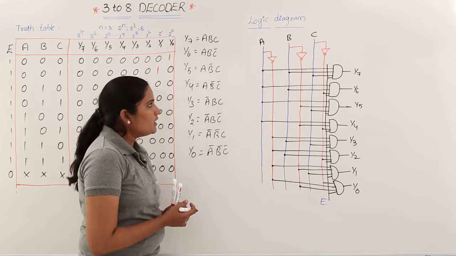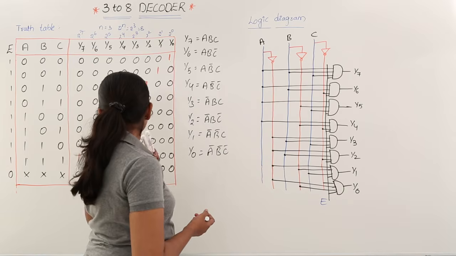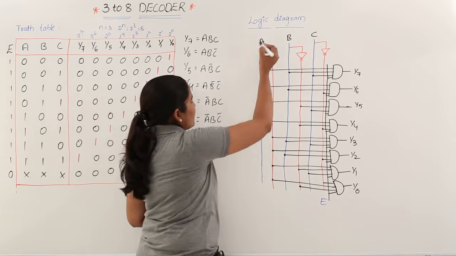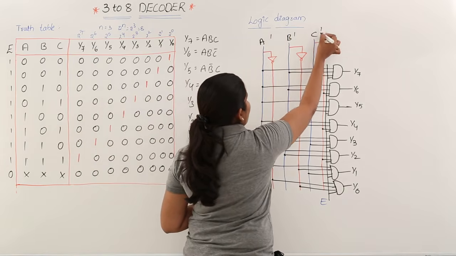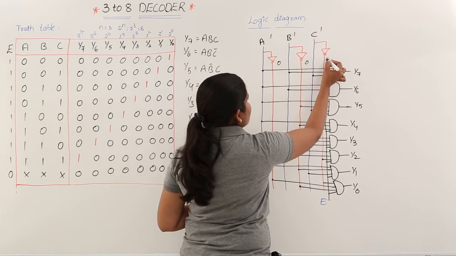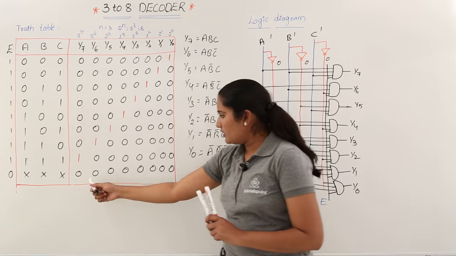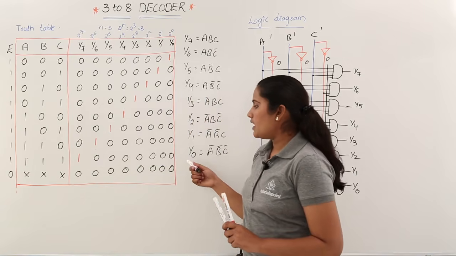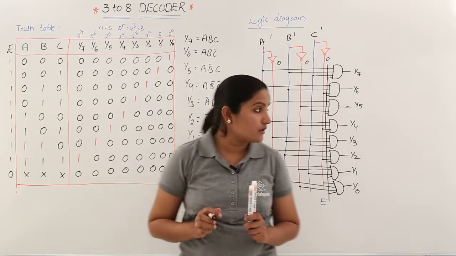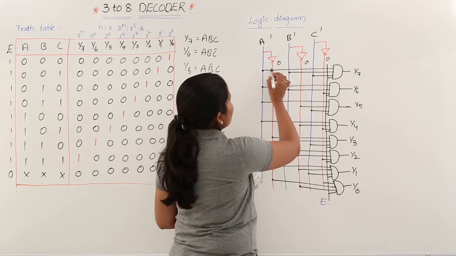For example, if you take the input 111, it will produce 1 followed by seven 0s.